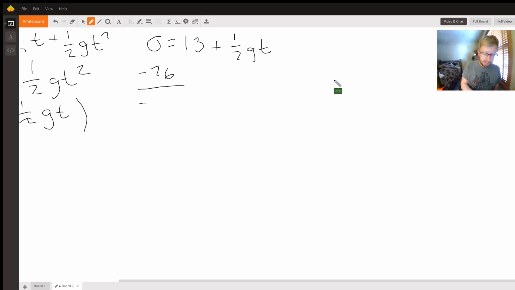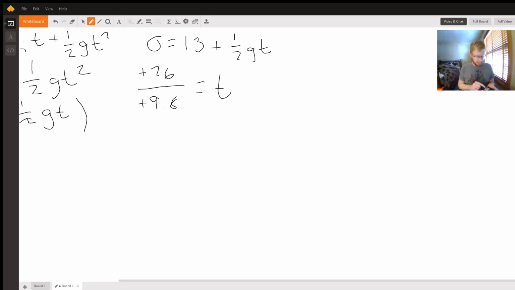So we do negative 9.8. And if I pull out my handy calculator, that's going to give us our time. And it's going to be positive. If you get a negative number for time, you've probably forgotten a sign somewhere.